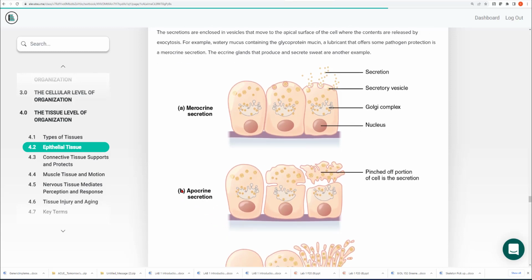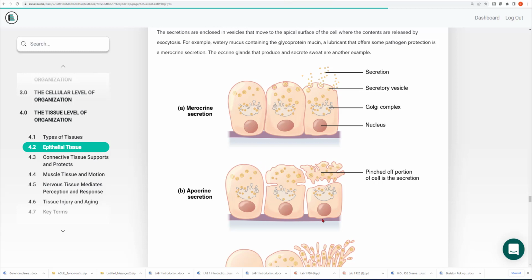Apocrine. Notice something is different here: a part of the cell actually pinches off and is released into the duct as part of the secretion. What do you call this side of the cell?